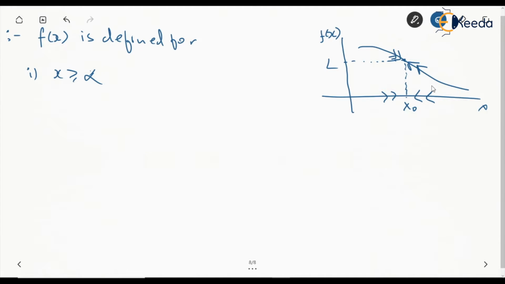Now that this function is defined only for the value alpha or greater than that, we cannot check the function values for x less than alpha.